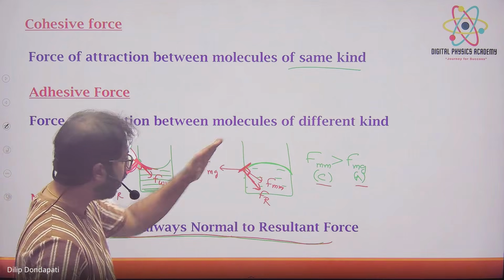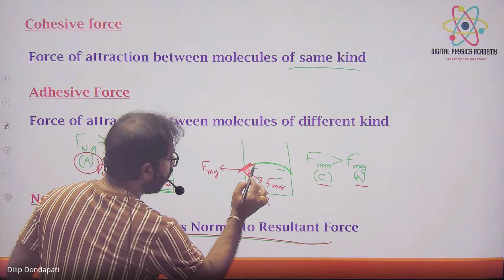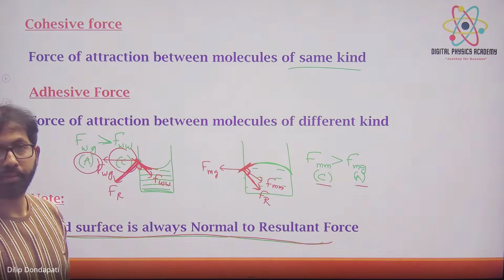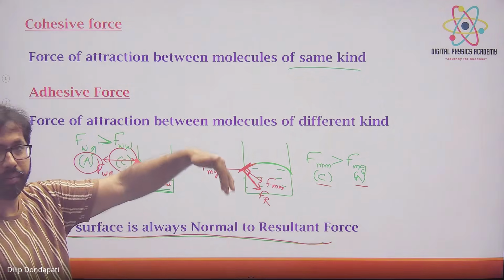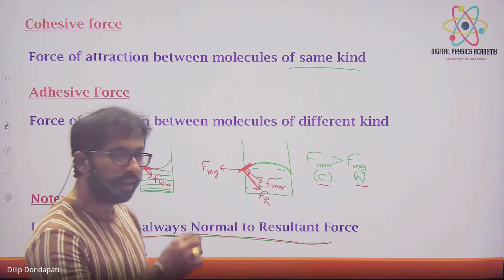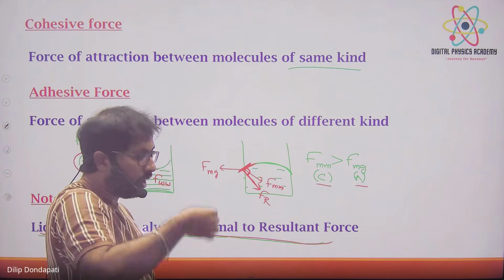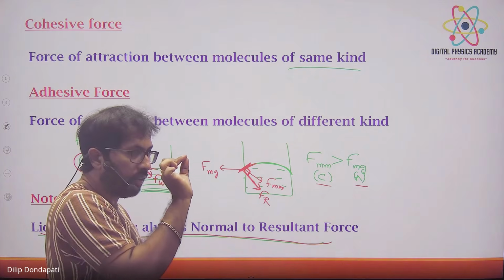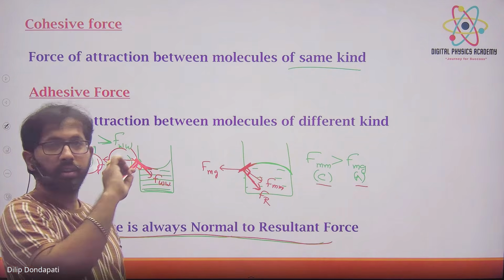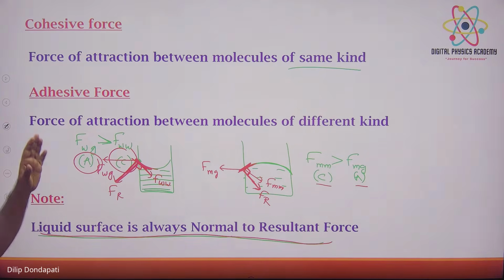Resultant force का perpendicular रहेगा, that's why थोड़ा ऐसा raise होगा, ऐसा convex रहेगा. Okay, minute level में ऐसा shape में आएगा. You'll observe normally capillary tube में, normal pipe, straw वगैरह, if you put in mercury, if you see bottom level में, it will be like this convex meniscus side. Okay, so this is cohesive, understood?